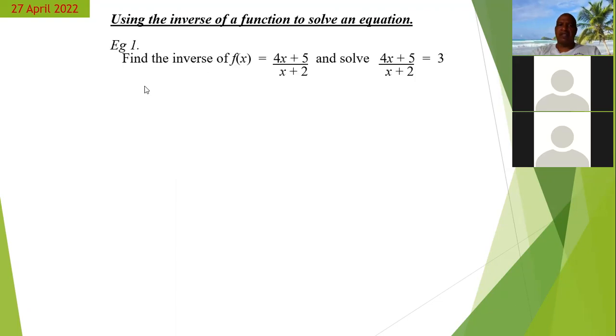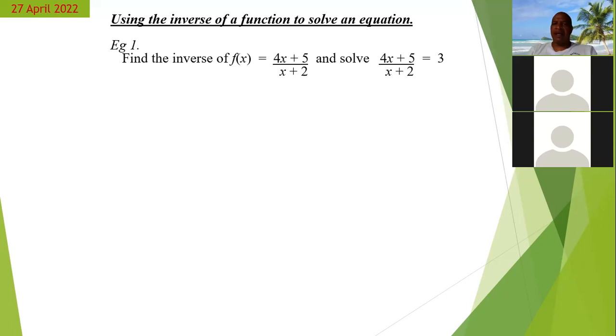So for this example, we are saying that you have to find the inverse of the function f of x equal to 4x plus 5 over x plus 2 and use it to solve the equation 4x plus 5 over x plus 2 equals 3. Now, this is a case where we are using the inverse to solve the function.